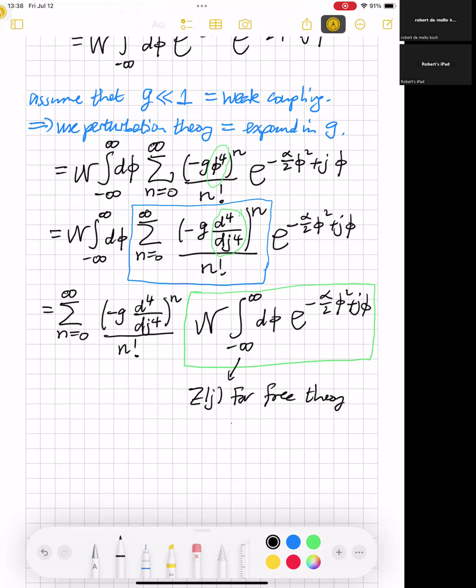And we calculated it. If you remember, this was just e to the j squared over 2 alpha. So now we are making use of the solution of the free theory.